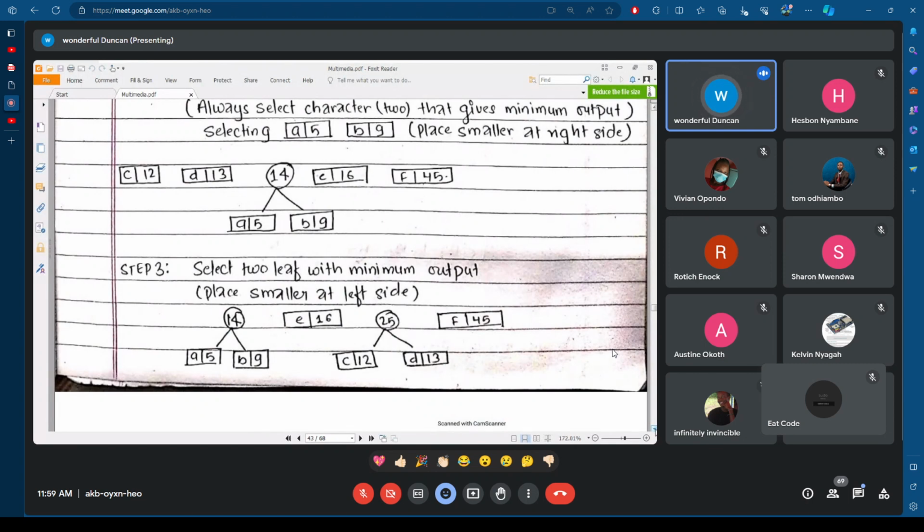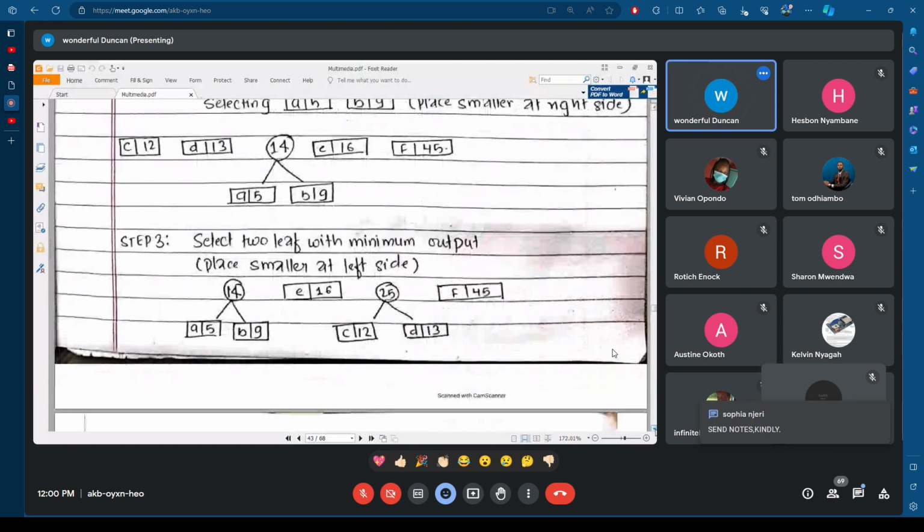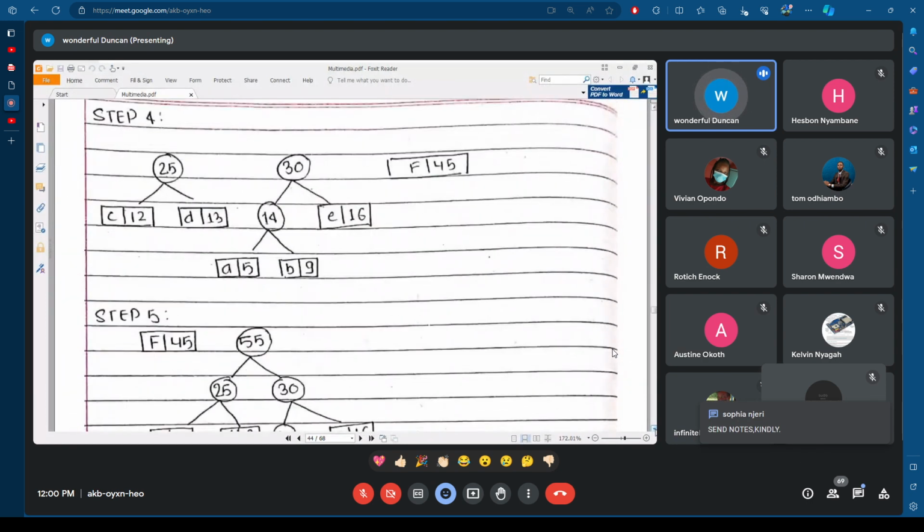So 16 will be between 14 and 25 because 16 is less than 25, so we have put 16 in the middle. Hope you are writing, though I'm going to repeat. There is some noise in the background. Whoever is having that noise, please put it off. It makes it hard for people to hear.